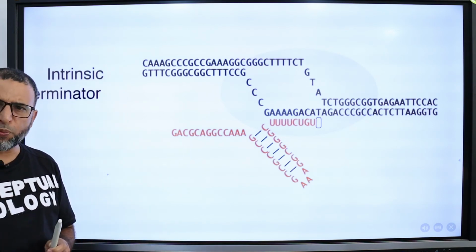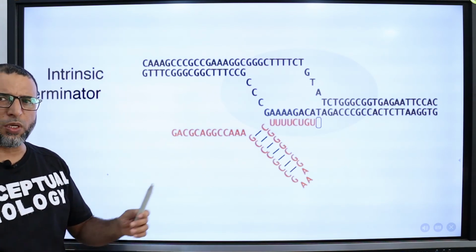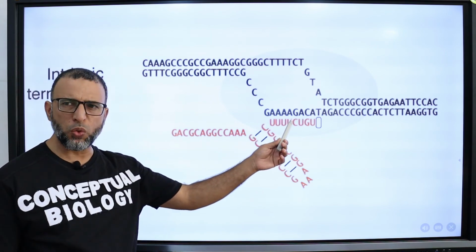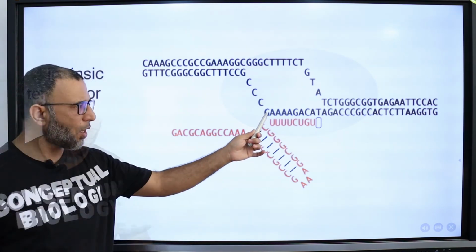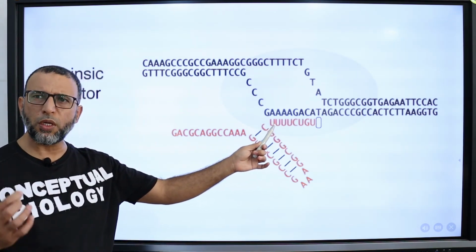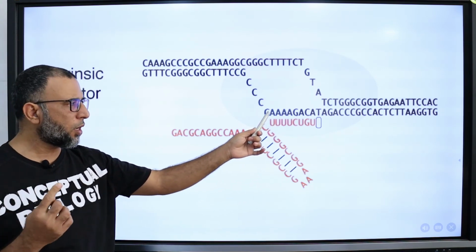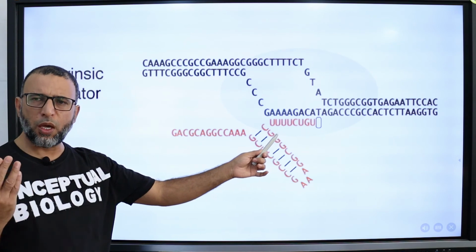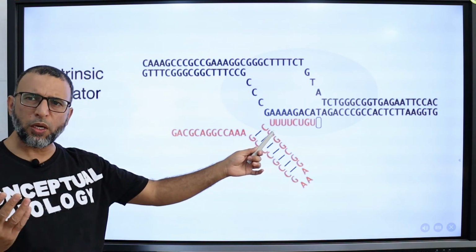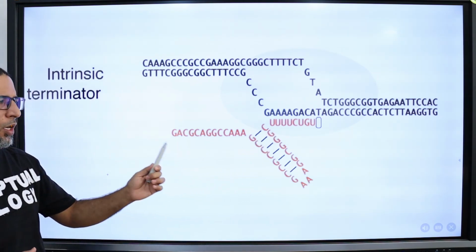The pausing of polymerase coincides with the transcription of poly-uracil nucleotides. The weak adenine uracil bonds lower the energy of destabilization for the RNA DNA duplex, and it allows it to unwind and dissociate from the RNA polymerase.